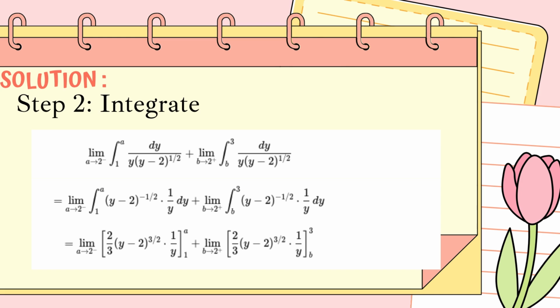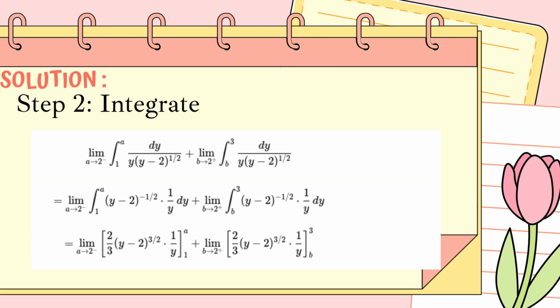The limit of the integral of dy over y times the square root of y minus 2 from 1 to a, where a approaches 2 from the negative side, plus the limit of the integral of dy over y times the square root of y minus 2 from b to 3, where b approaches 2 from the positive side.